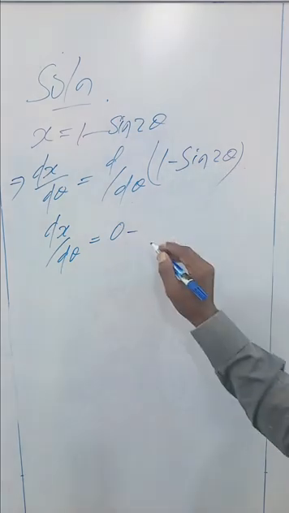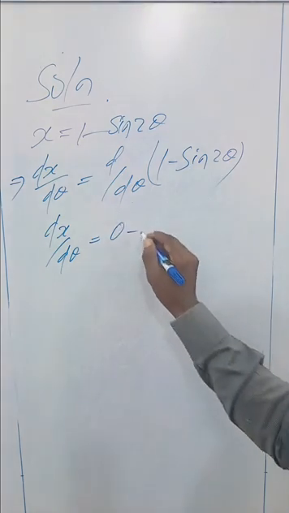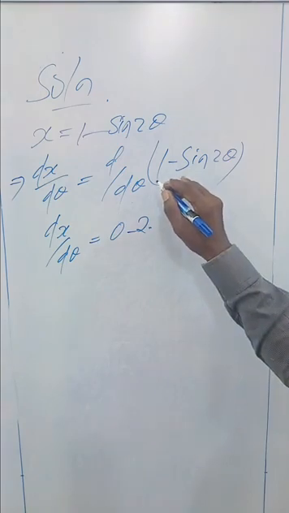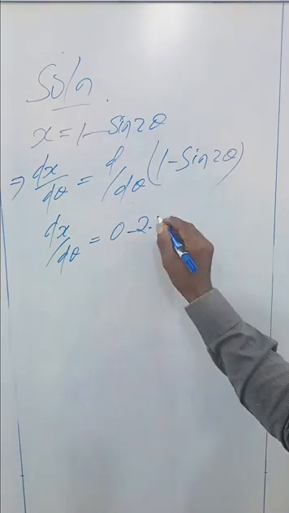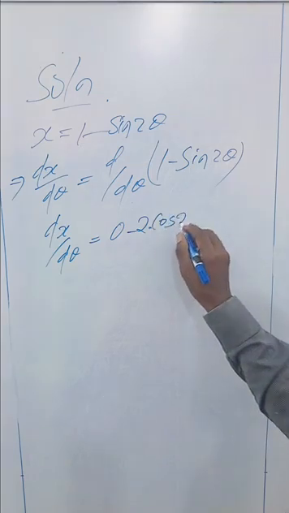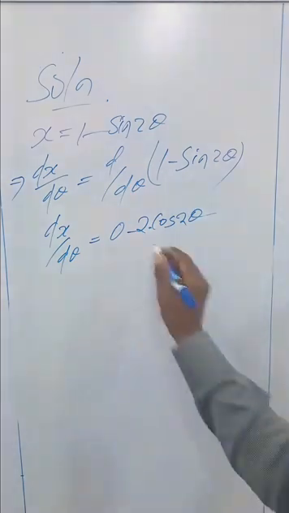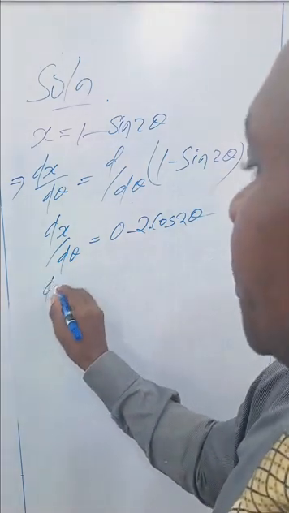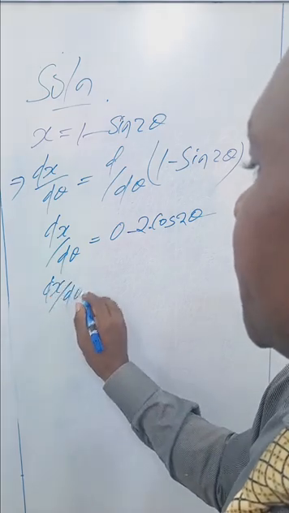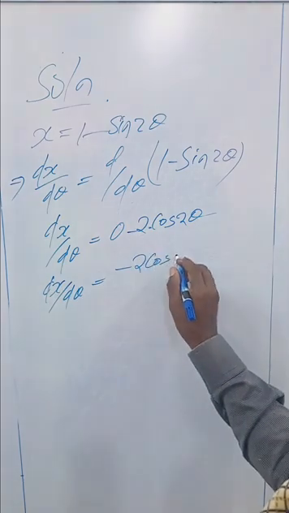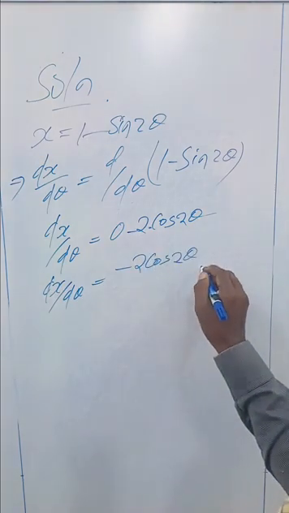Differentiating 2 theta with respect to theta, we get 2. Differentiating sine, we get cos. So it will be 2 cos 2 theta. So what does it mean? That our dx/d theta equals negative 2 cos 2 theta.